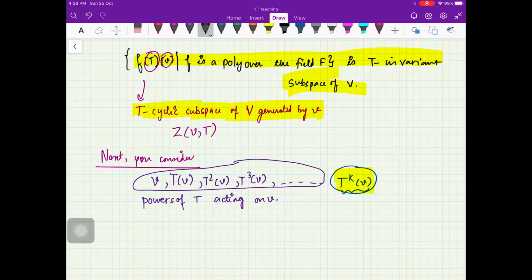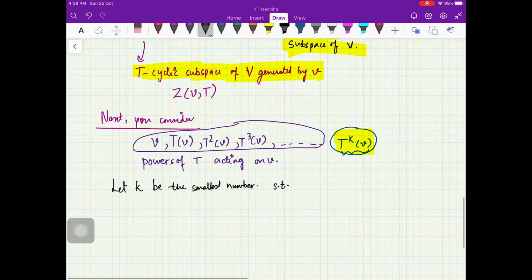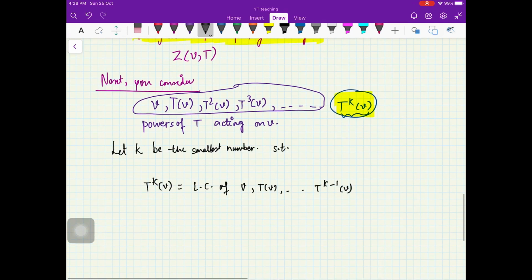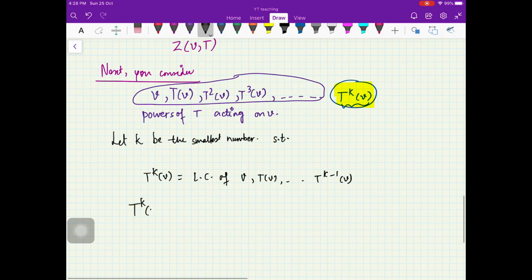So let k be the smallest number such that T^k v is a linear combination of v, Tv, up to T^(k-1) v.